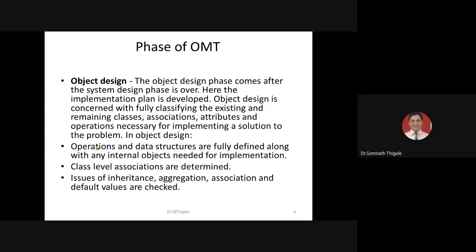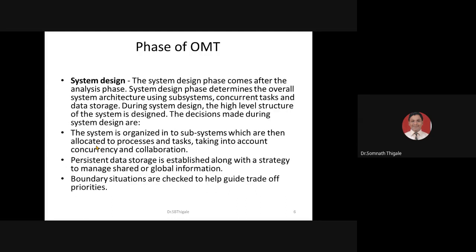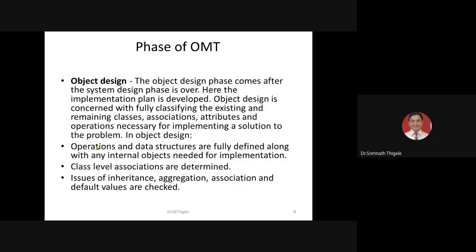With respect to those specific objects, we define how the object is going to react in terms of its operations, its relationships, and how the objects will be inherited or associated with default values. All these parts will be checked throughout the process. That is the difference. This is considered high level design and this is considered low level design.